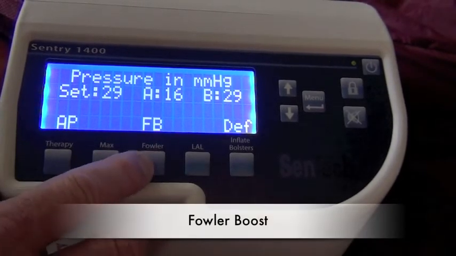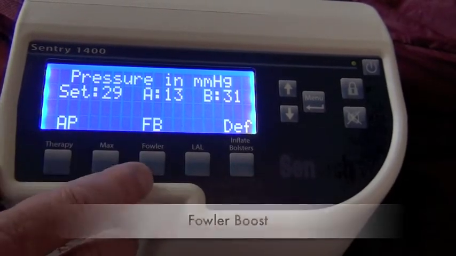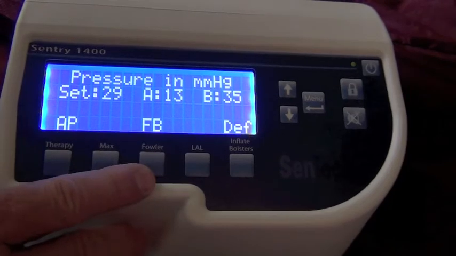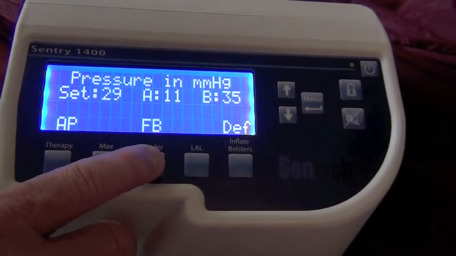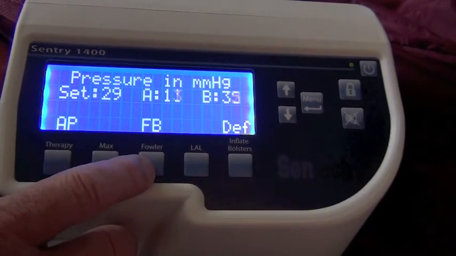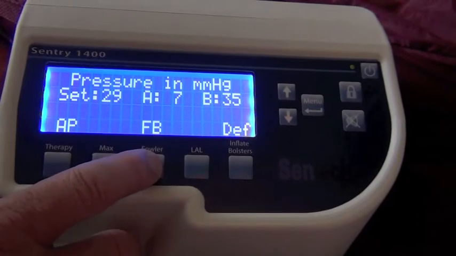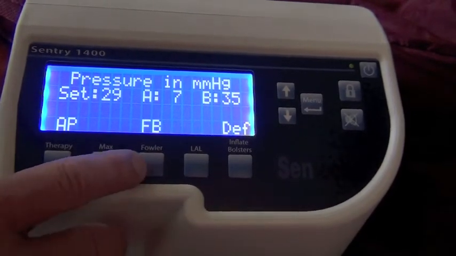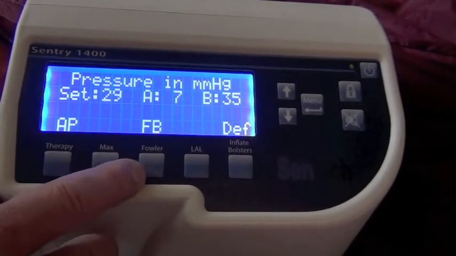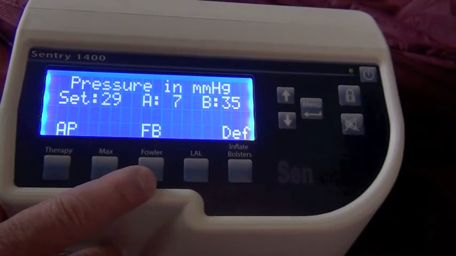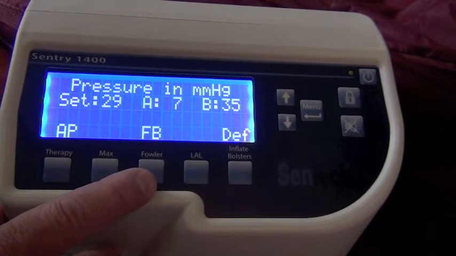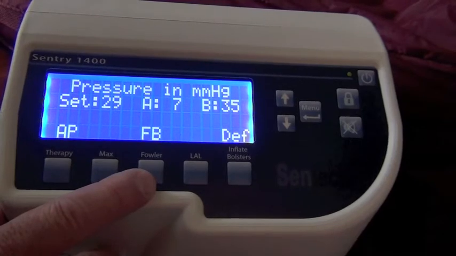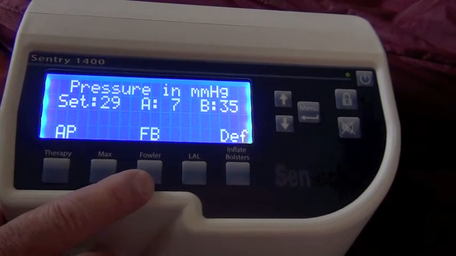Fowler, the indicator here is FB, which stands for Fowler Boost. And what we're doing basically is adding about an additional 20% of airflow to the mattress to compensate for a patient who was supine and who is now in a Fowler or semi-Fowler position. And gravity is going to dictate that when you're laying flat, there's so much pressure under your bottom.